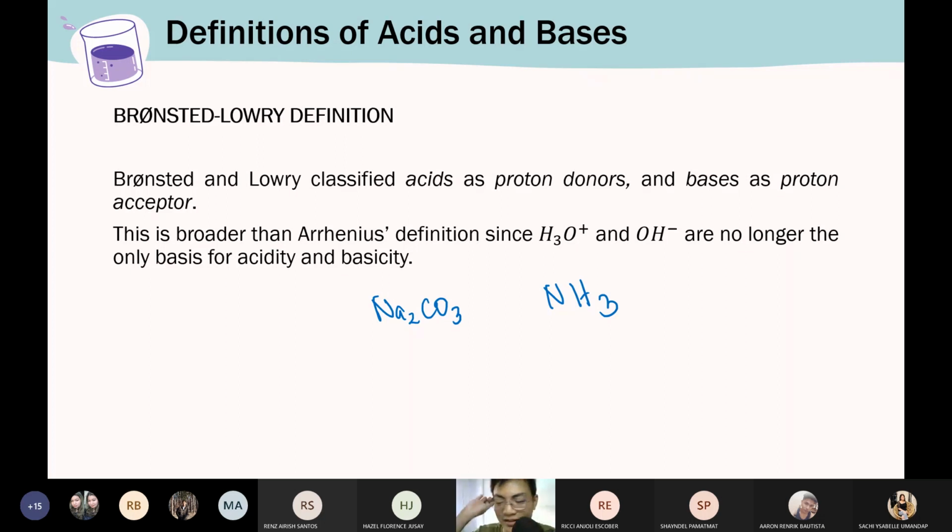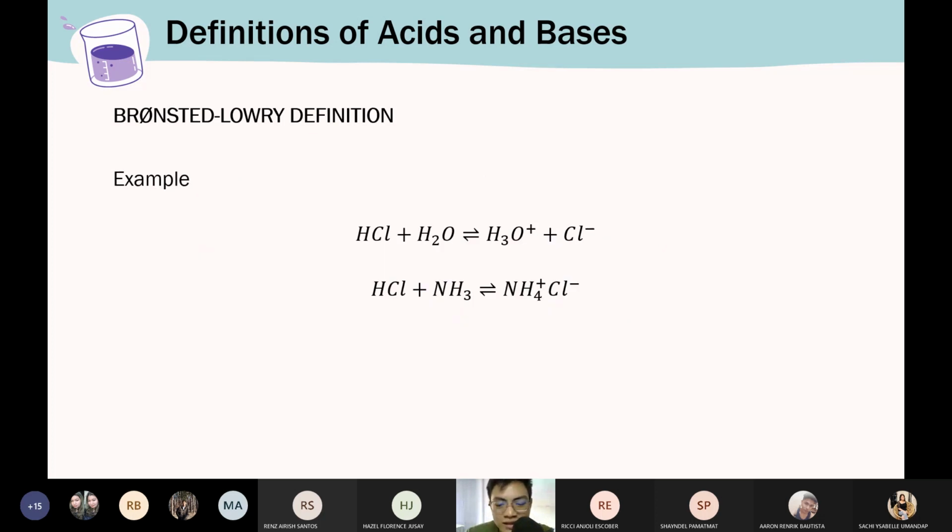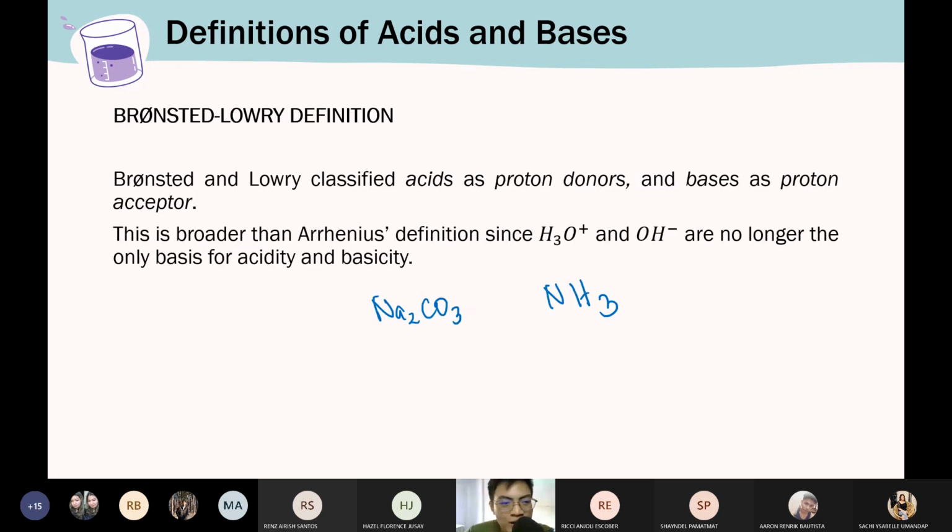Ayan, so si Shindle naamoy na. So, mabaho, di ba? Actually, yung ammonia, bukod sa mabaho siya, it is basic din pala. But did it produce H+? Did it produce OH-? I cannot tell if I'm just looking at the formula. Hindi natin masabi. Pag tinignan mo yung formula, you don't know.